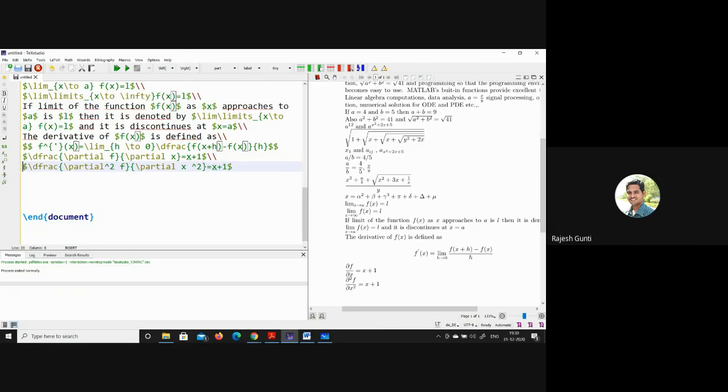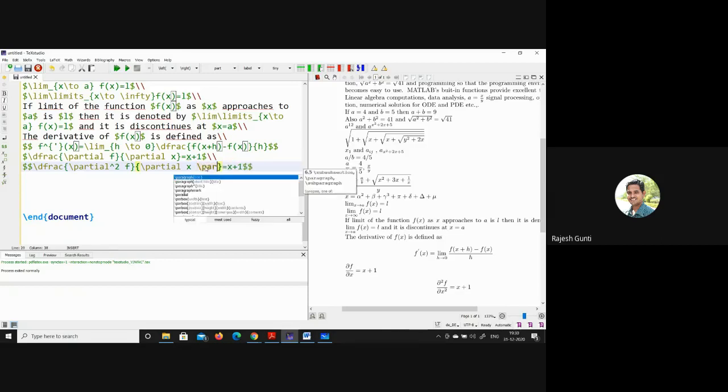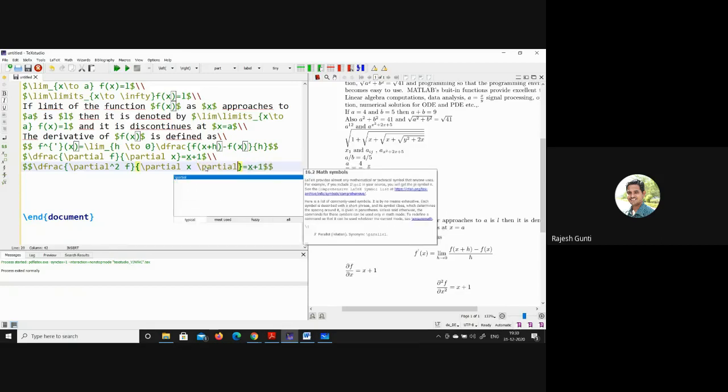Suppose if you give double dollar, dou square f by dou x dou y, double dollar. I want to get dou x dou y. Backslash partial y.